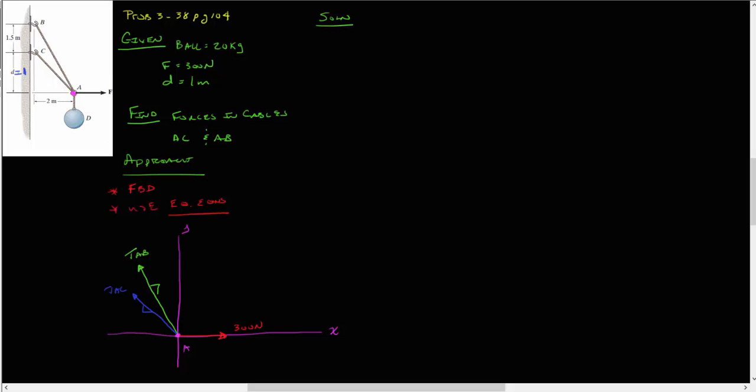So this would be 2.5 and this would be 2, meaning that the hypotenuse then would be the square root of 10.25. And then for AC, this would be 1 over 2.